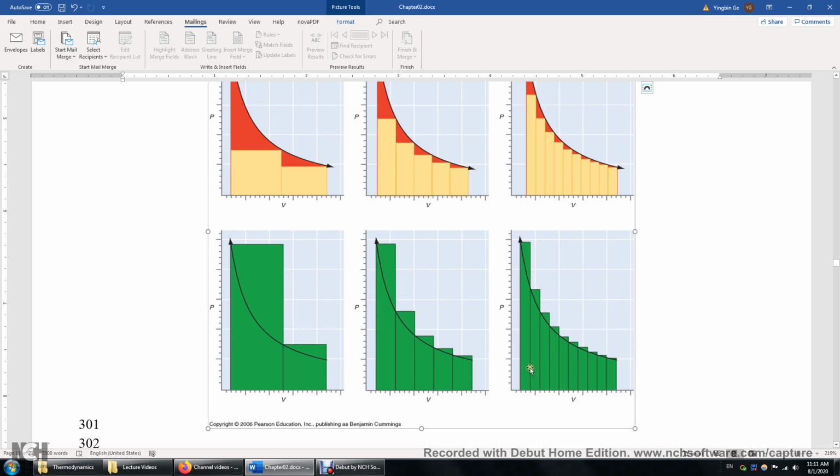Again, you look at this area of the 10 bars, it's very close to the integral area under this P equals nRT over V reciprocal curve. Imagine 100 bars. When you have 100 bars, this irreversible 100-step process is awfully close to the reversible process.